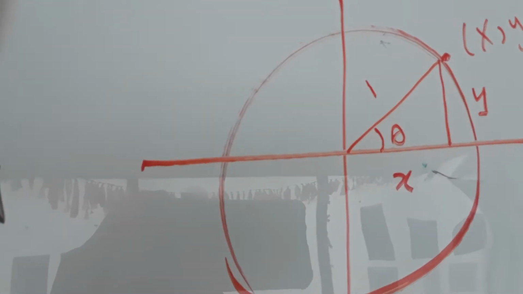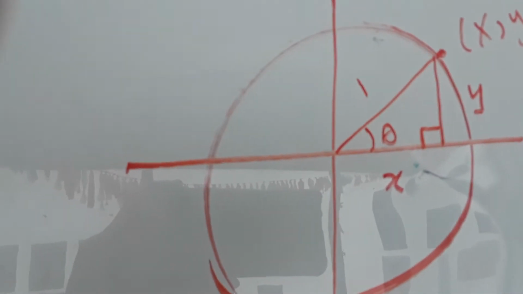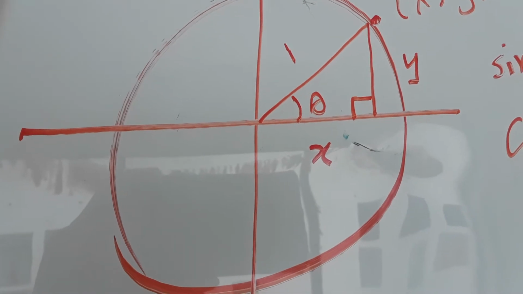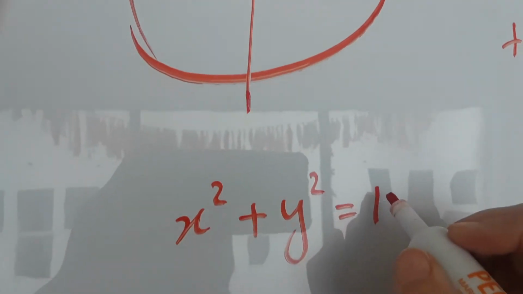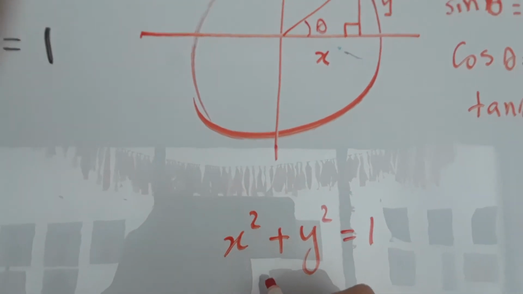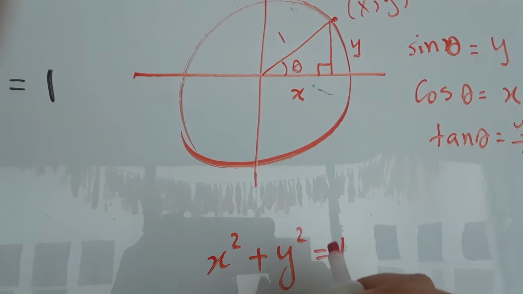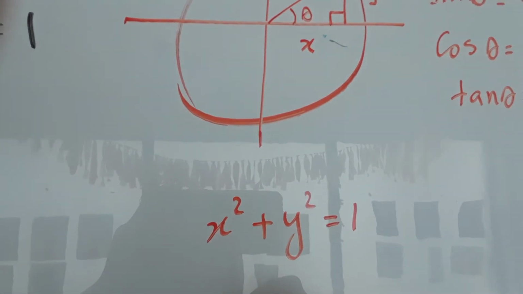Looking at that, this is a right angle triangle. For a right angle triangle, I can write x squared, the square of the legs, equal to hypotenuse squared. So 1 squared is going to be 1. So x squared plus y squared is 1 for this right angle triangle.